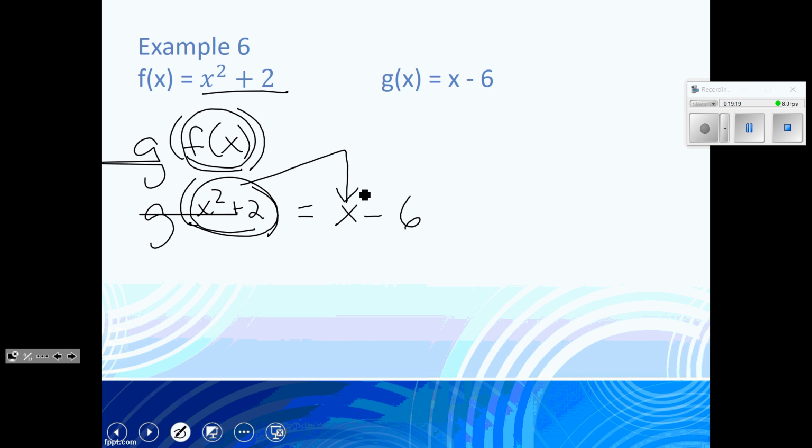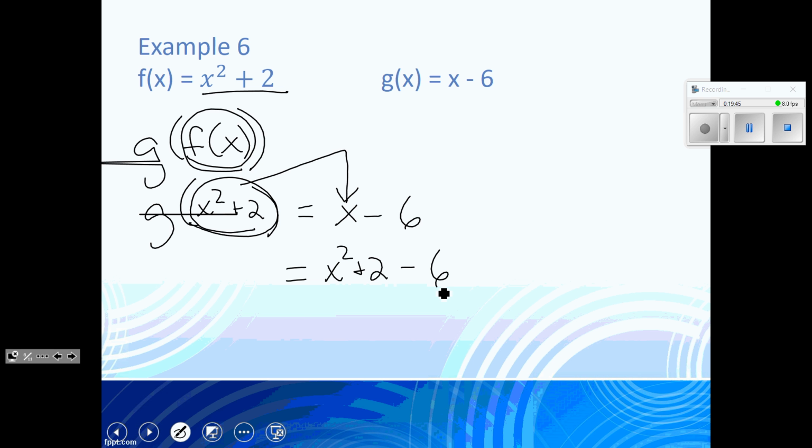Where does this x go? It goes out the door. That x goes out the door. The x squared plus 2 goes in its place. It is substitution. So what would I plug in? X squared plus 2 minus 6.